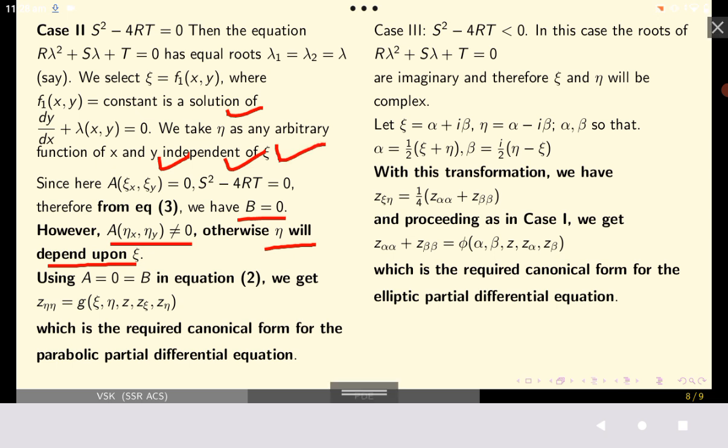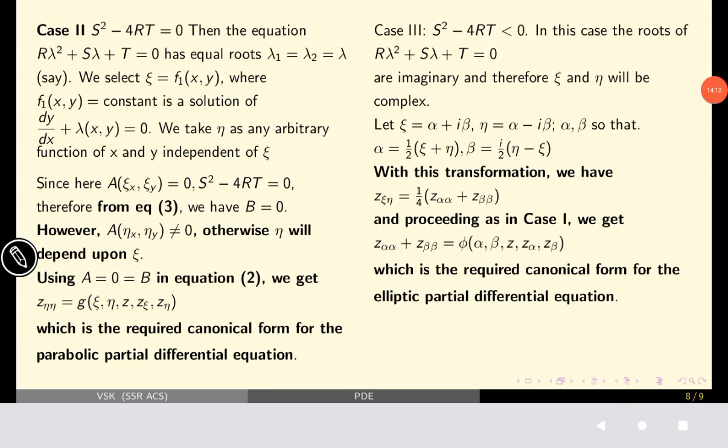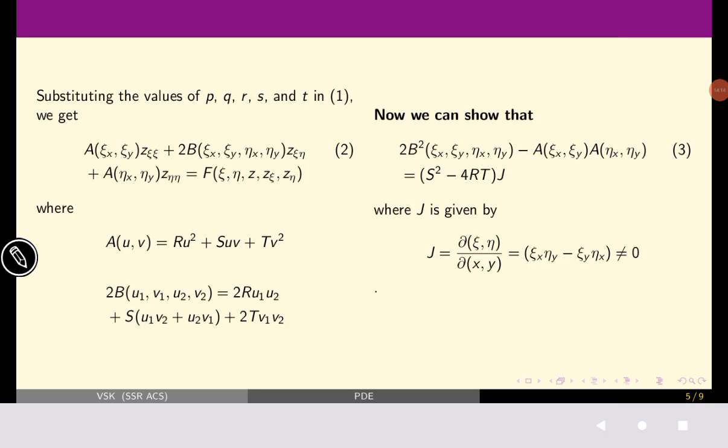So using a is equal to 0, b is equal to 0 in equation number 2, we get this expression. Which is equation number 2? Let us just see. This was our equation number 2. So here we have found this is equal to 0. This is also equal to 0, as we have seen in case number 1. This also in case number 2, we can prove it is 0.